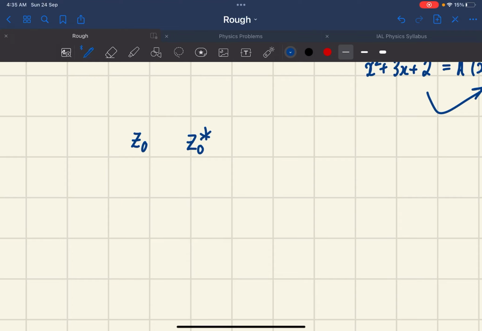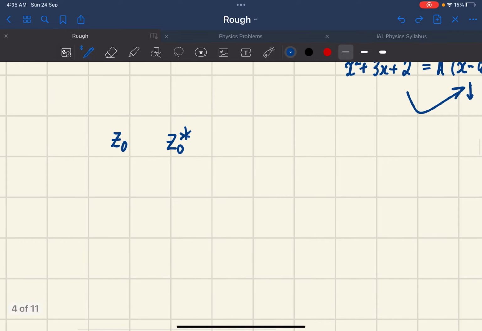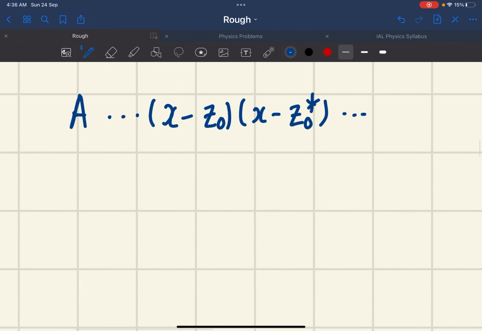I've explained this in another video I did on my YouTube, but suffice to say, if we have something like this, we get the polynomial, we divide it, and okay, we have these two factors, of course.